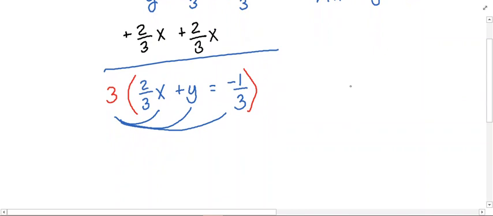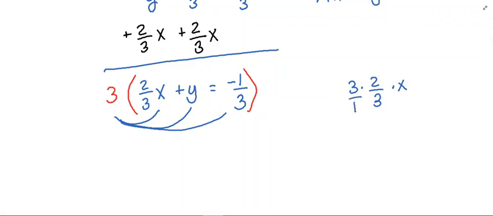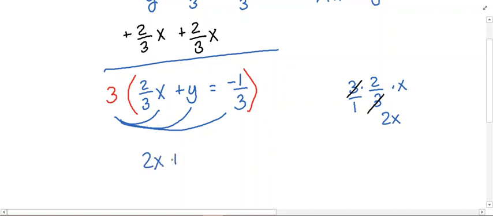If we do 3 times 2/3 times x, you can put that 3 over 1, and then you have a 3 in the top that cancels with a 3 in the bottom. This leaves you with 2x. Keep the plus sign, and then 3 times y is 3y, equals, and then you distribute the 3 to the negative 1/3.